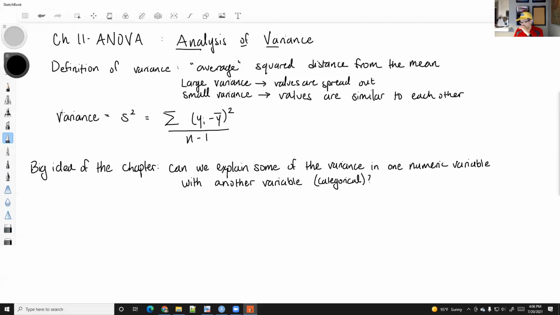Okay. And we've done something similar to this when we did t-tests. When we did t-tests, we were basically asking if we can explain some of the variance in one variable with another variable. When you did a t-test for independent groups, not the paired t-test, it also tries to answer this question.